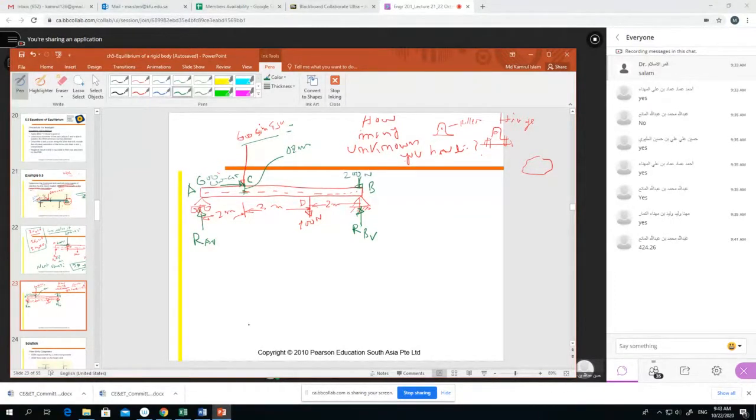And another reaction will be working at this point, horizontal and vertical, RBH. Now our question is, what are these values?